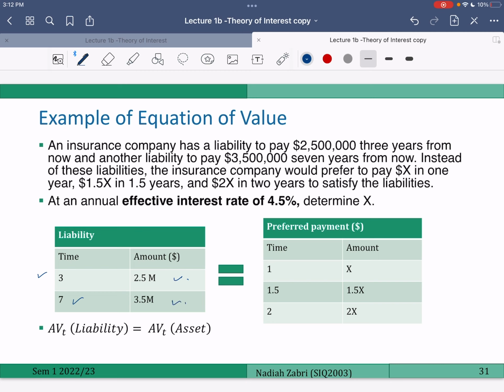And to pay off this liability, one option is to pay X amount at time 1, 1.5x at time 1.5, and 2x at time 2. So we are saying these two cash flows, cash flow 1 and cash flow 2, are equivalent. So cash flow 2 can pay off cash flow 1.